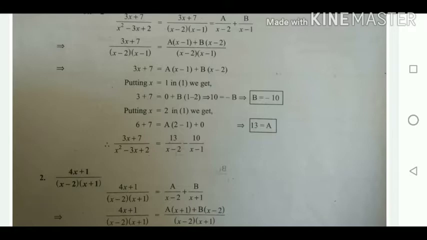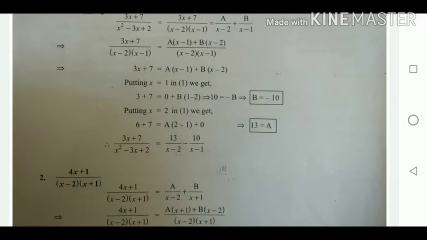Now the factor multiplied by a is x minus 1. If you put x equal to 1, the term with a becomes 0 and we find the value of b. If you put x equal to 2, we get the value of a.